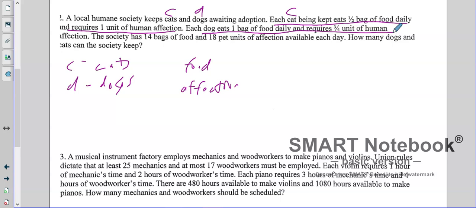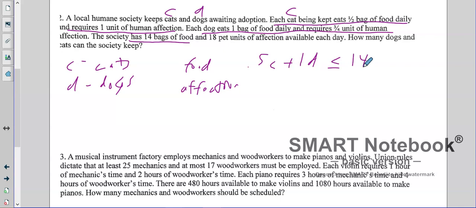Okay? So if we wanted to go just across this time, just for the heck of it, food. Cats get half a bag. So you can put 1/2 or 0.5 C. Plus, dogs get 1 bag of food. And then they only have 14 bags of food. So that's going to be less than or equal because, again, they can't go over 14 because they don't have it.